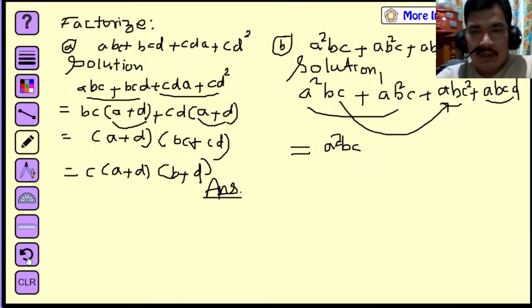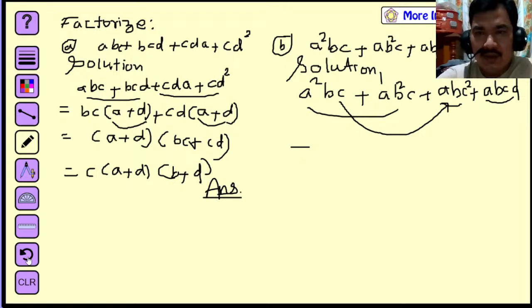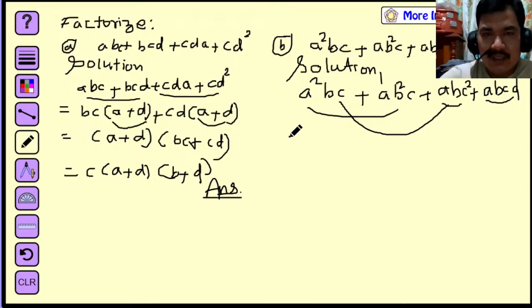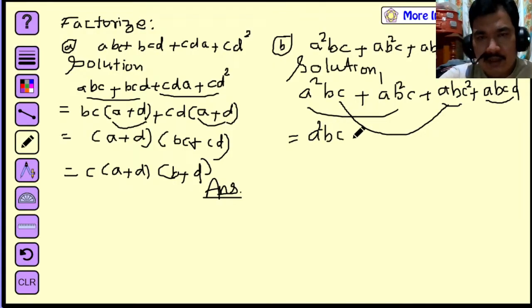Now what should we do, look here, let's make the grouping of the first and the last term. See here, will our grouping be correct or not? Look here, write A square BC plus, and what is the last term here now? ABCD, the last term, and this second and third term together.